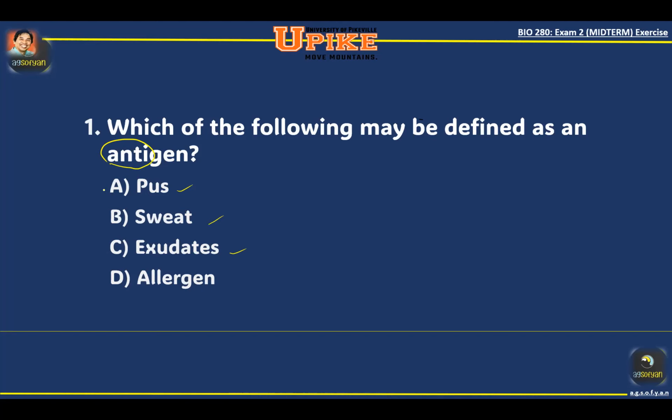And these 3 things will not cause your antibody to fight them. So an antigen is something that enters into your body, and then your antibody tries to fight this antigen. So the correct answer will be the allergens, which is something that comes from outside, maybe pollen, etc.